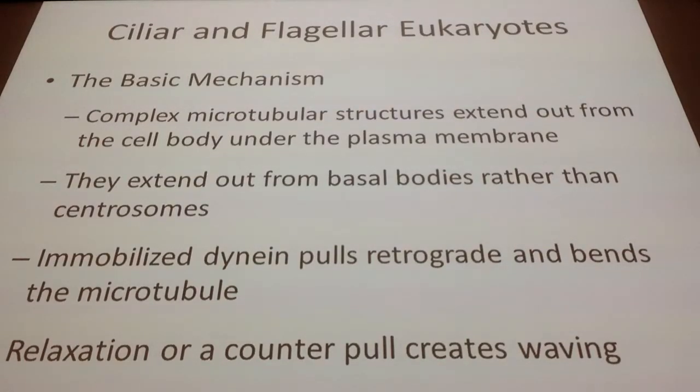Again, only because the dynein is fixed. The dynein is hardwired to perform this function to allow the flagellum and the cilium to bend, and the only way that the flagellum and cilium can bend is because the dynein is fixed.